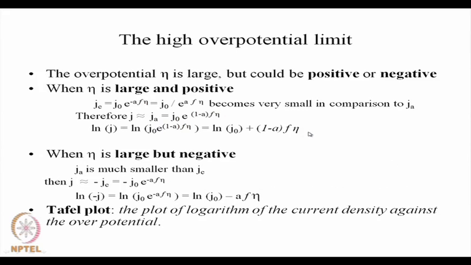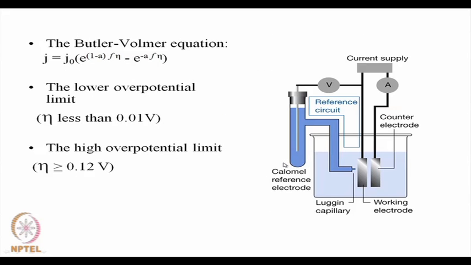If you think of your Tafel plot or your Butler-Volmer plot, everywhere you are plotting current density, which is basically the difference of your anodic and cathodic currents.